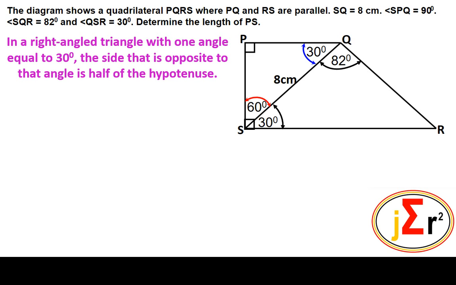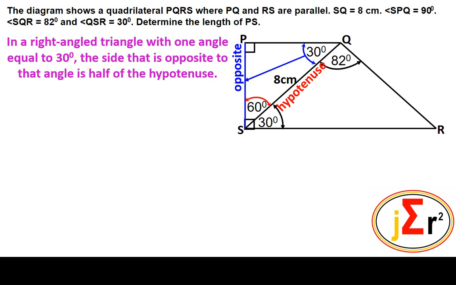One, it is a right-angled triangle. There is a 30 degrees angle. The side that is opposite to the 30 degrees angle is half of the hypotenuse. That's a fact. Therefore, we know what the length of that side is going to be.